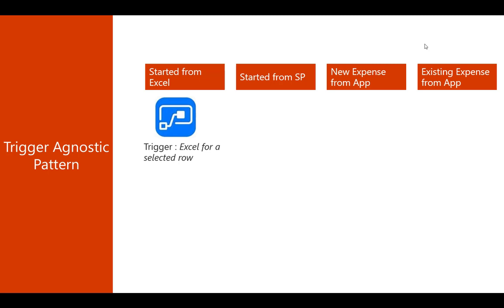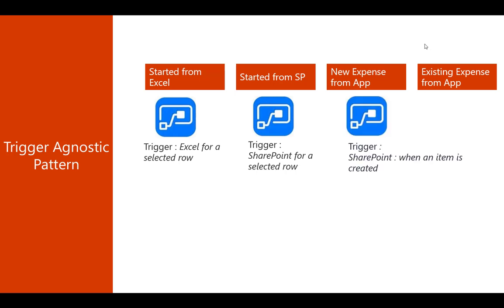So you cannot have several triggers that start your flow. You might need the trigger Excel for a selected row. You can need the trigger SharePoint for a selected row if you run the flow directly from the list. Or if you run the flow when an expense is created from an application, for instance, or from a SharePoint list, then you might need the following trigger, SharePoint when an item is created, etc.